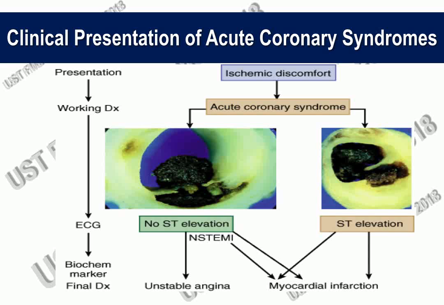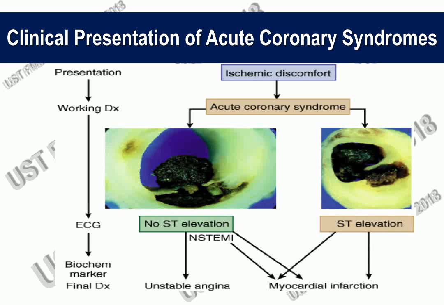So an acute coronary syndrome that would present with ischemic discomfort would be classified into either of three, and that would be risk stratified based on your electrocardiogram. So you can have a patient with ST segment elevation myocardial infarction, or a patient who has no ST segment elevation, and that can be classified as either unstable angina or a non-ST segment elevation myocardial infarction, depending on the presence of a biochemical marker, specifically your troponin.